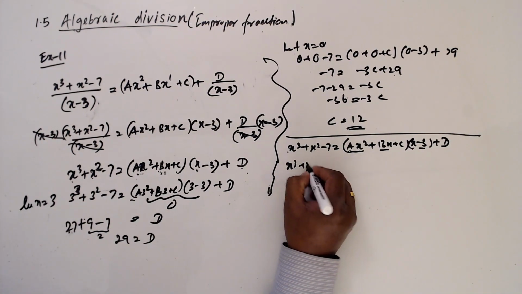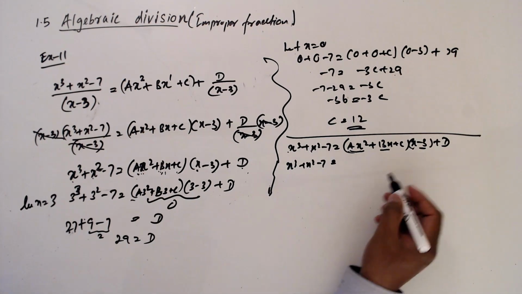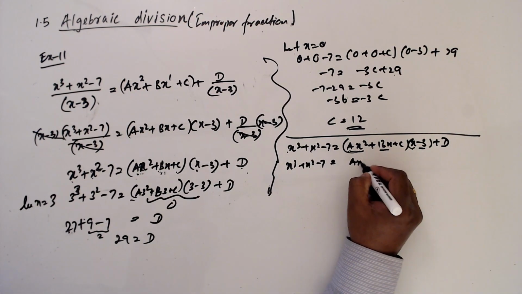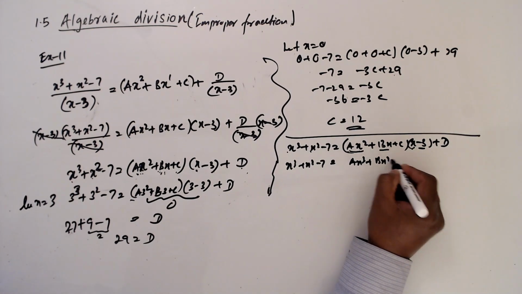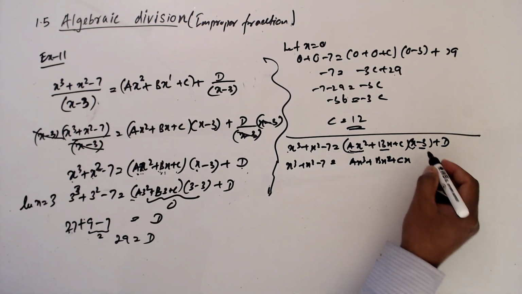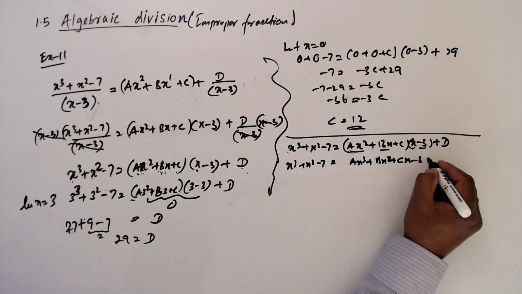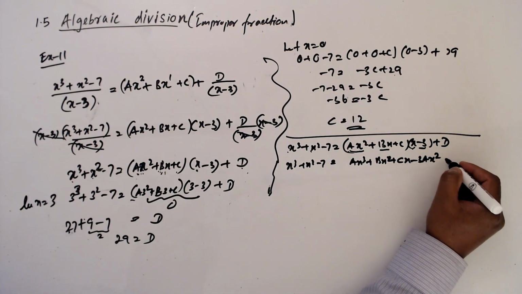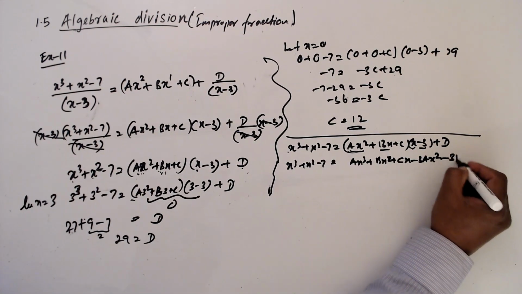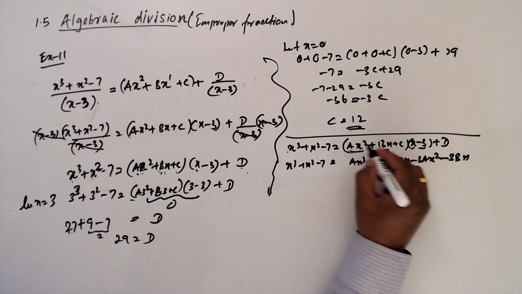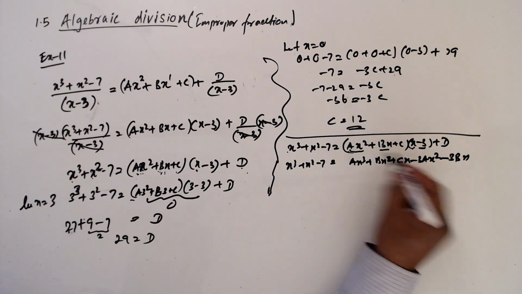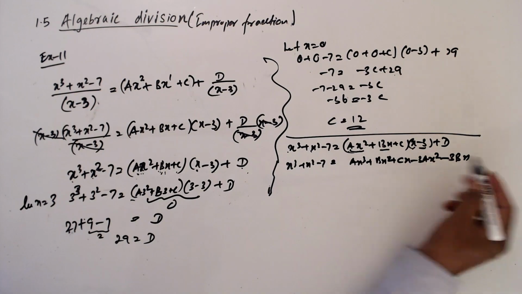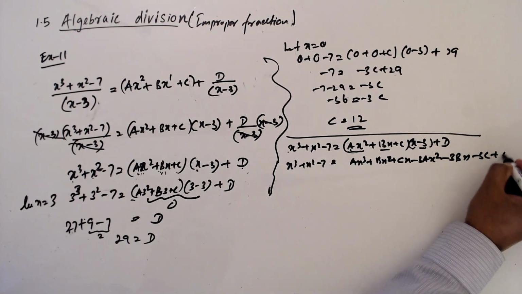I'll expand this one with x. So this is ax cube, bx square plus cx. Then multiplying by minus 3: minus 3ax square, minus 3bx, then minus 3c plus d.